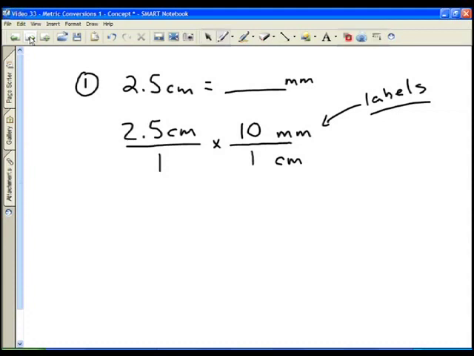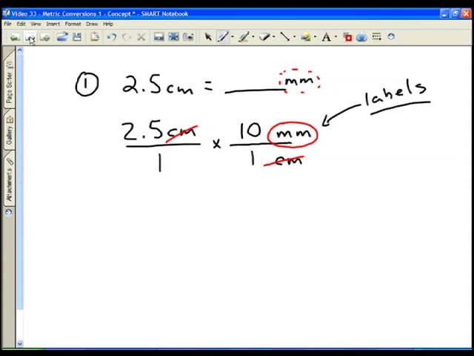And now what we do is we cancel our units that appear top and bottom, because those will cancel out. And we circle our final unit that we're left with, which was the one that we were asked for in the question. And now we just perform our math. And so we have 2.5 times 10.